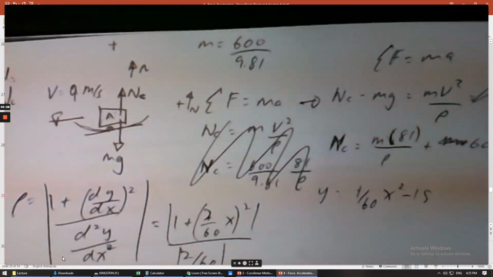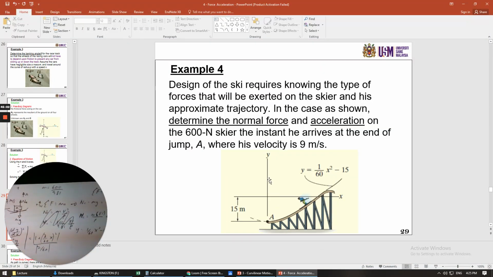Alright, so x is located at, in this case, x equals 0, so this comes to 0, right? So 1 divided by 2/60 equals 30.